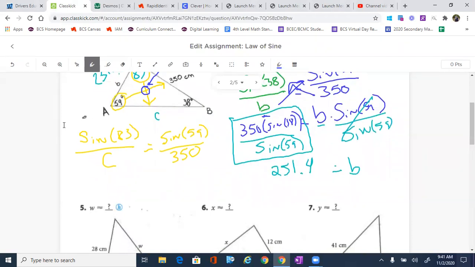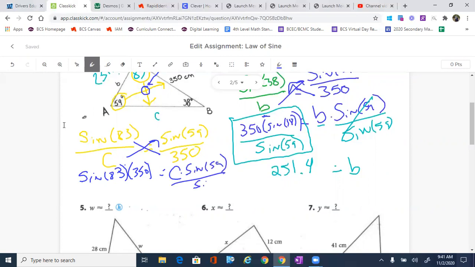And we're going to cross multiply and divide. So sine of 83 times 350 equals C times the sine of 59. Then we are going to divide by the sine of 59 to cancel that piece out.